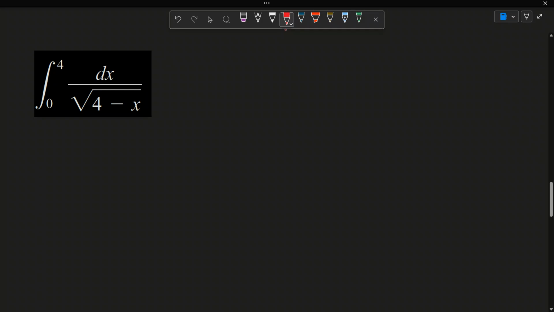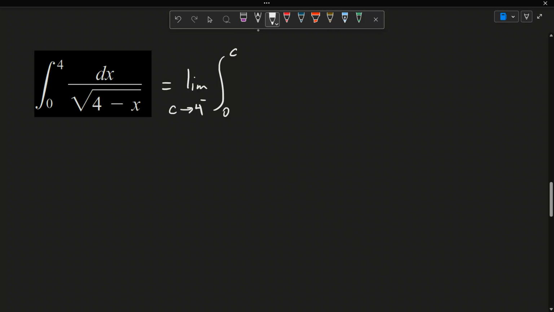And this is a type 2 improper integral, because at upper limit 4, the function is discontinuous, or the limit of this ratio approaches infinity. Now I need to write limit from 0 to c when c approaches 4 from the left-hand side.